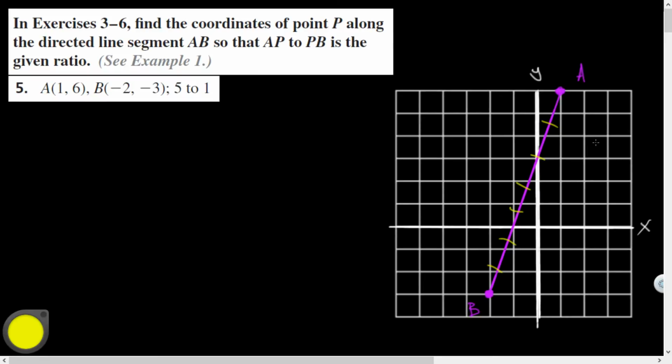Where did I get the number 6 from, friends? 5 plus 1. 5 plus 1 is 6. And so I want the point P to be 5 parts along the way. So this would be like 5 compared to 1 unit that way.